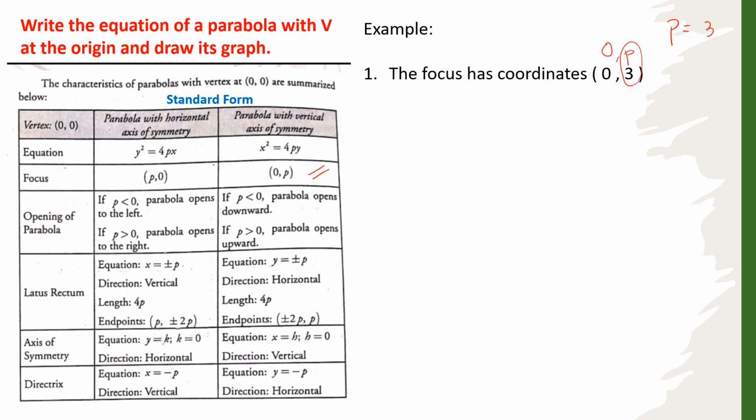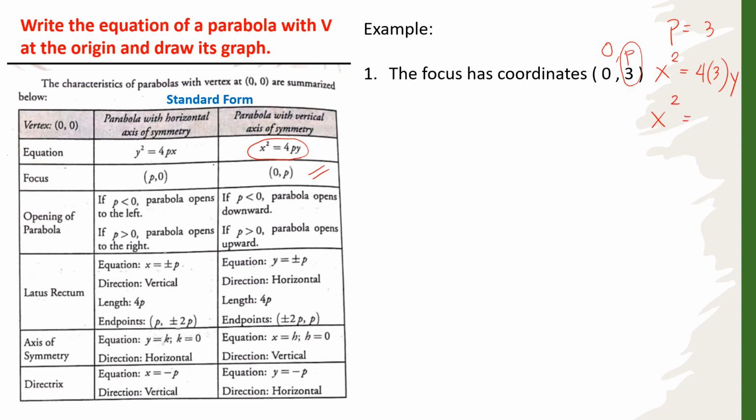Okay? Therefore, our equation is what? X squared equals 4py. Meaning, we have x squared equals what? 4 and then p y. What is 4 times 3?